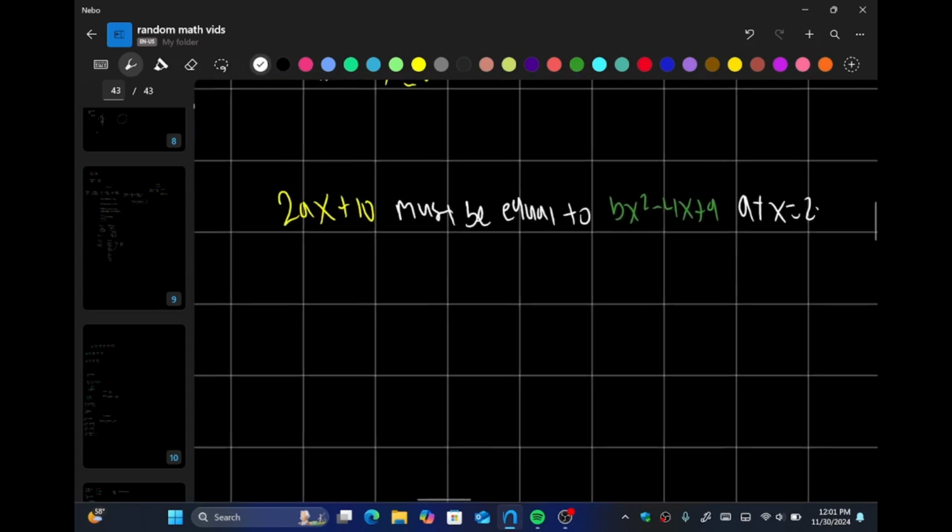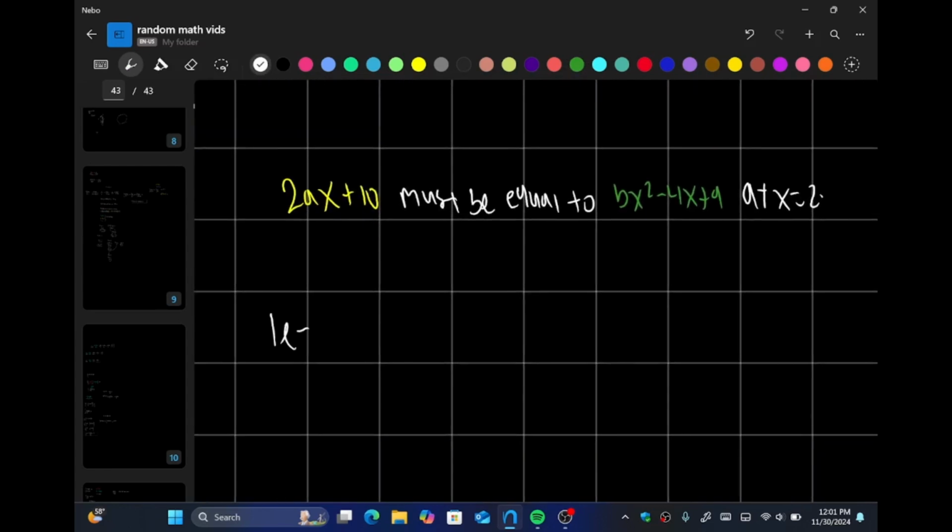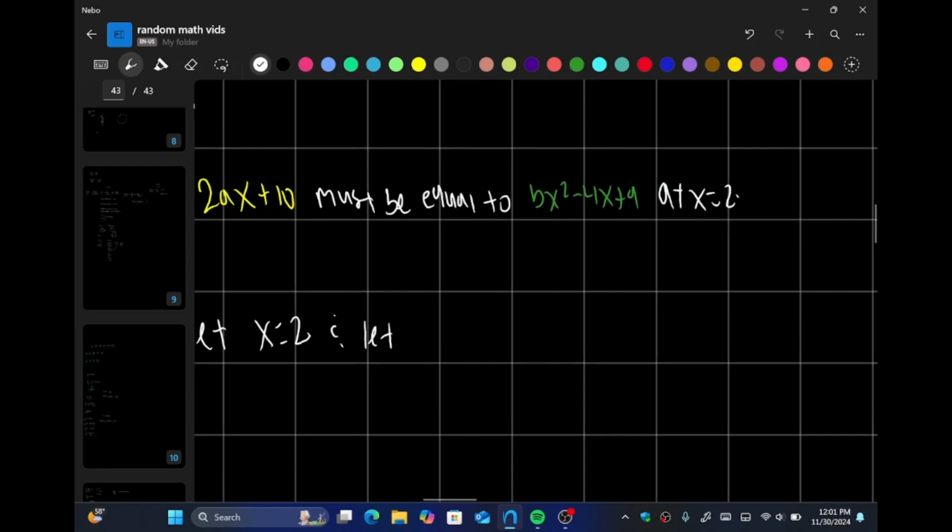Okay, so in this case, let x equal 2, and let 2ax plus 10 equal bx squared minus 4x plus 9.